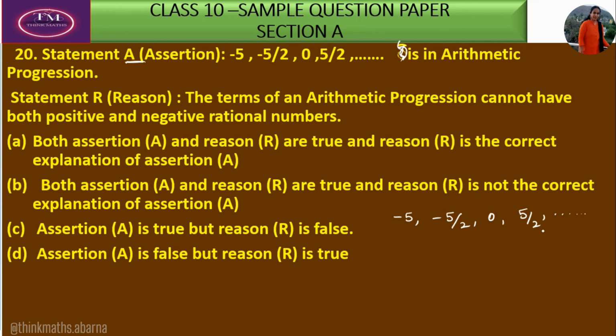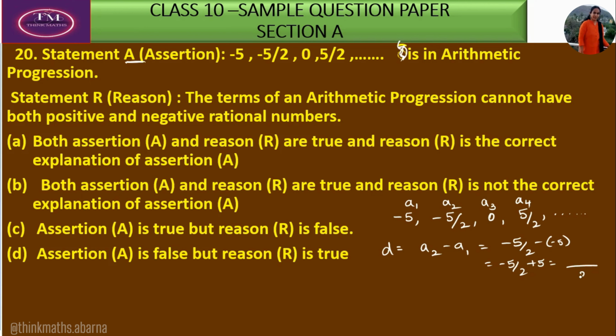To check whether it is an AP or not, we have to check whether the common difference is the same. Let us take these as the first term, second term, third term and fourth term. We have to find d. A2 minus A1 is minus 5 by 2 minus of minus 5, so minus into minus is plus 5.